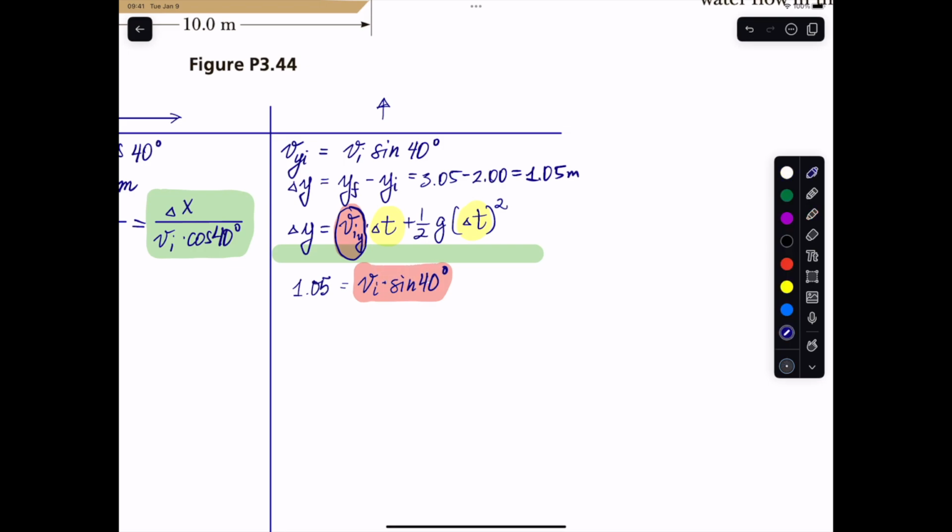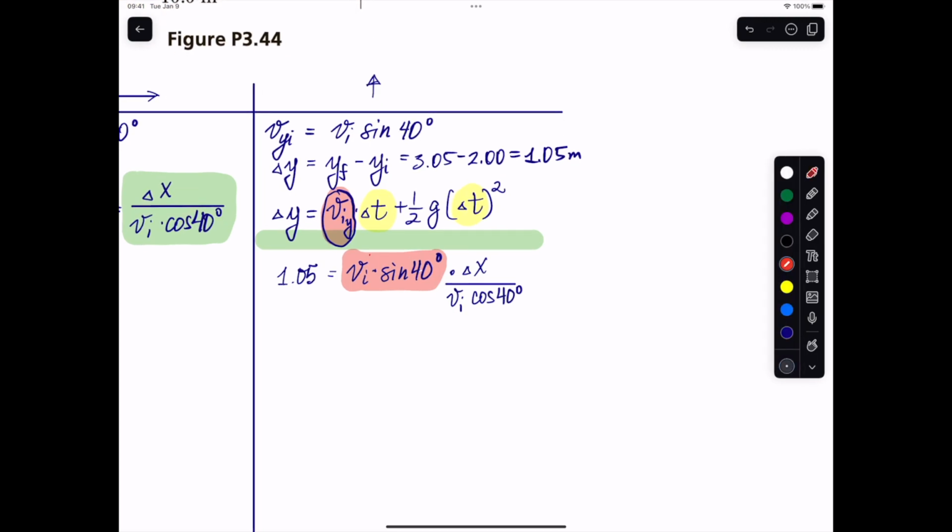Then I continue writing change in t as change in x over V initial cosine of 40. Now look how beautiful this is. I can now cancel the unknown V initial because one of them is in the numerator and the other is in the denominator. Furthermore, for those of you who remember geometry and who are in pre-cal right now, you remember that sine over cosine is tangent.